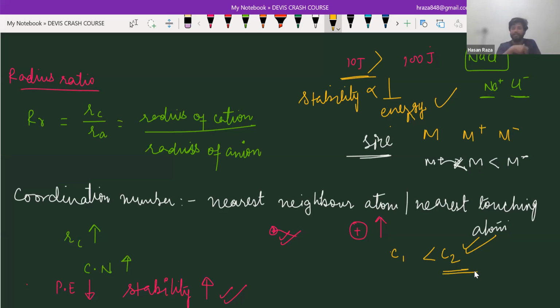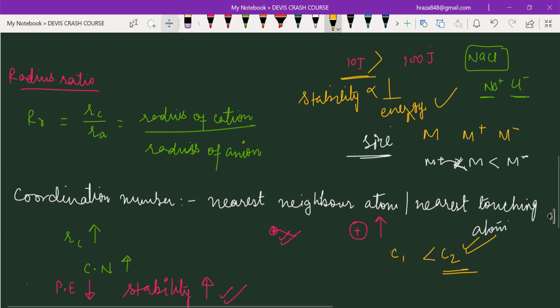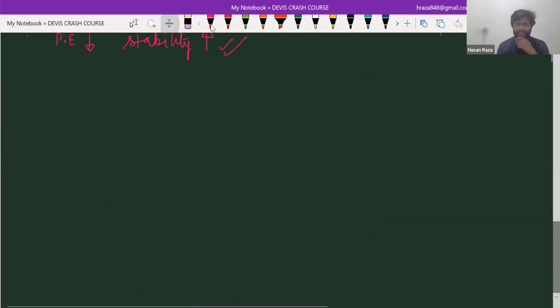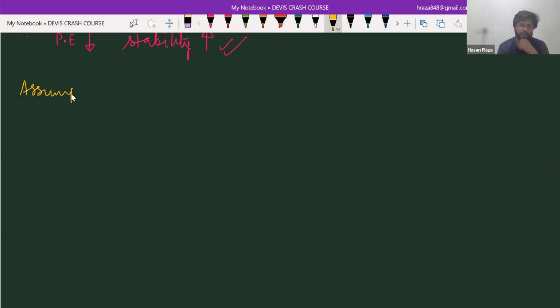That means it is surrounded by a larger number of anions, which reduces its potential energy, and its stability increases. Clear? It's very simple. Now, there are three assumptions in this potential energy discussion which you need to keep in mind.